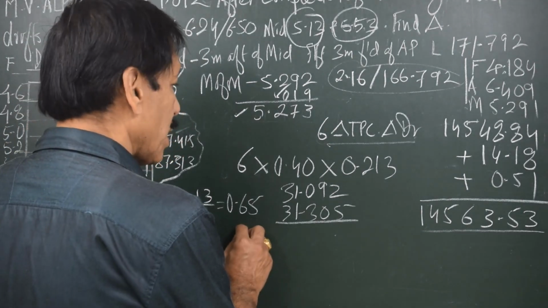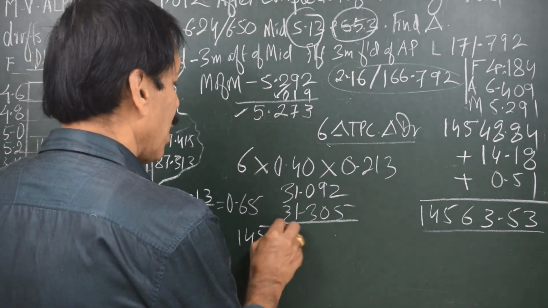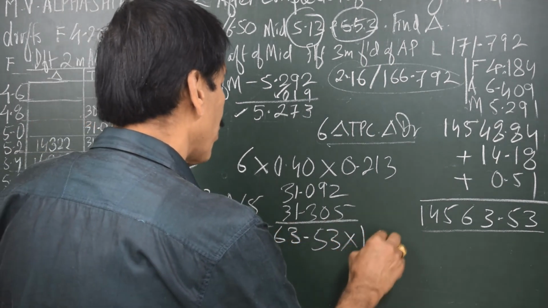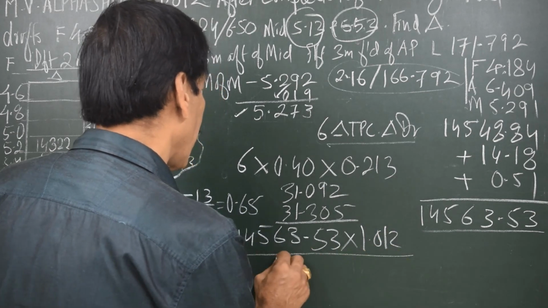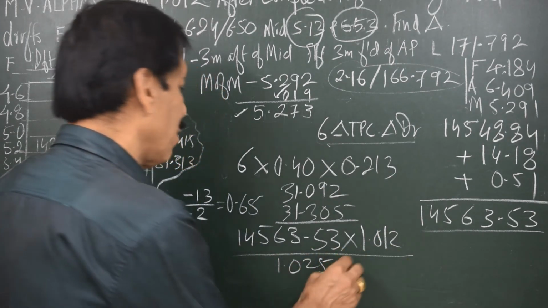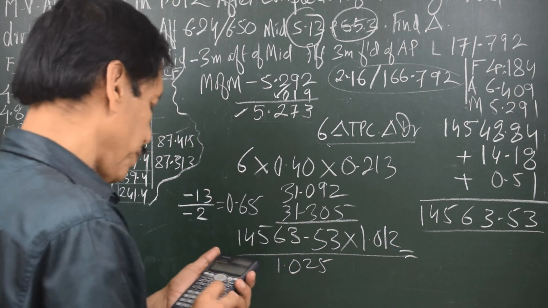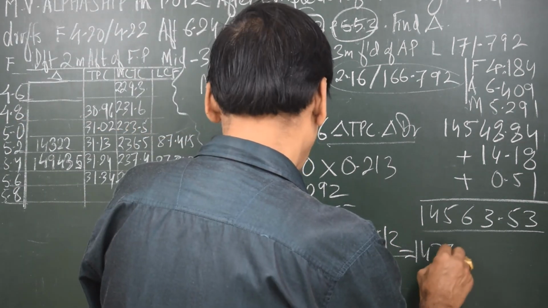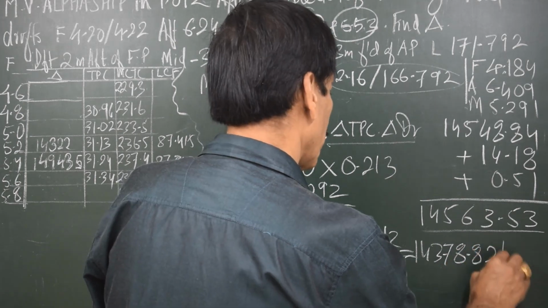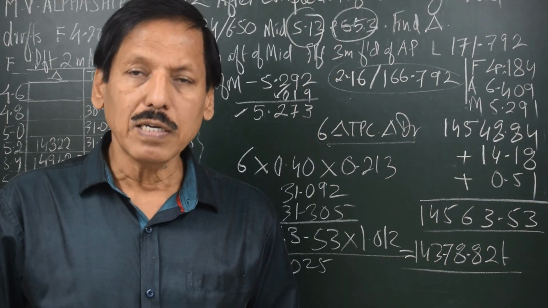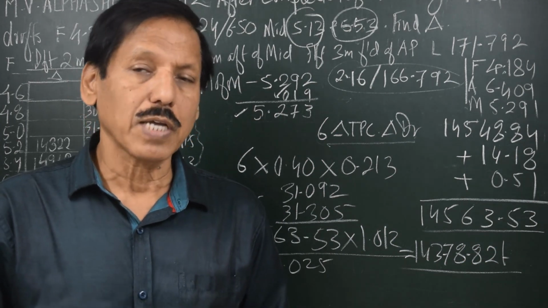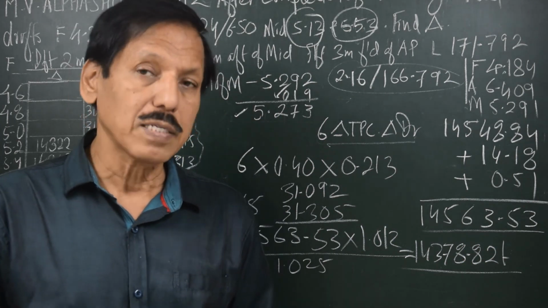So the correct displacement will be 14563.53 into 1.012 divided by 1.025, which gives me 14378.82 tons. So this is the final displacement after doing all the corrections: the first trim correction, the second trim correction, the list correction, and the density correction.